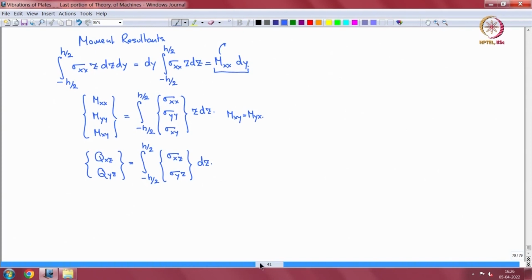Okay. So now if we substitute sigma xx in mxx, then what do we get?